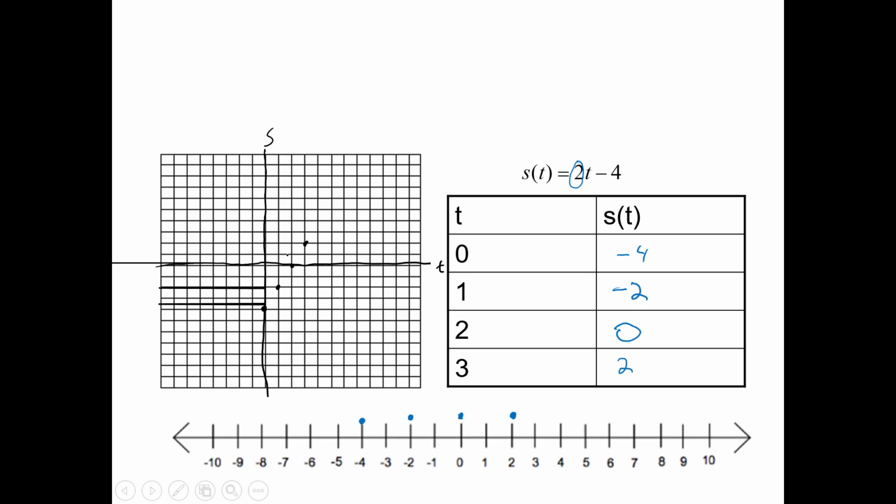And of course, the graph that you expect to see is a line. Get a straight edge, and you can graph your line. And there you go. Now in these problems, we're going to assume that the time starts at 0 and doesn't go to the left of 0, so your graph ends right here. And unless you're given a largest time, then we can continue to go to the right.